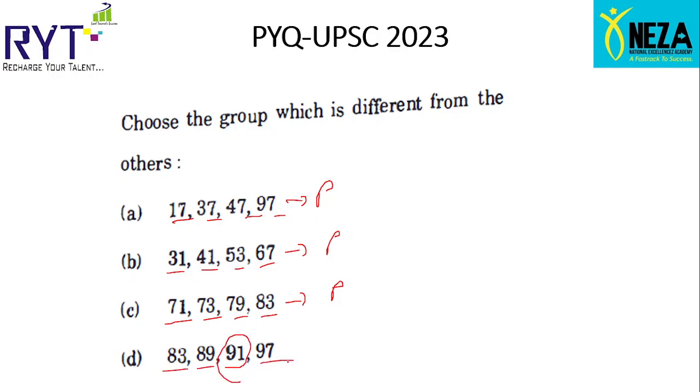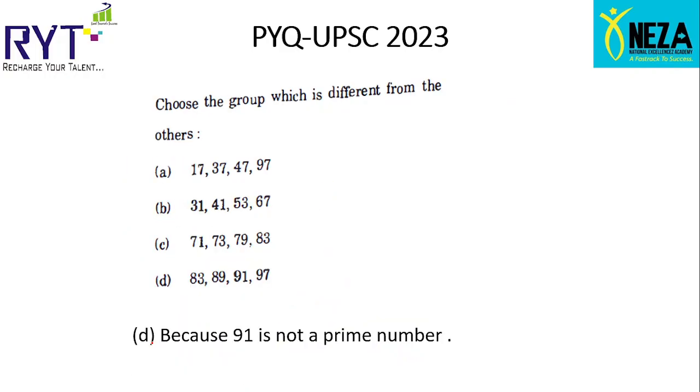But 91 is not a prime number. Therefore, option D is the correct answer because this group has one number that is not prime. All the other groups have all numbers as prime numbers. So option D is the correct answer. This is from the UPSC examination for IAS, IPS.